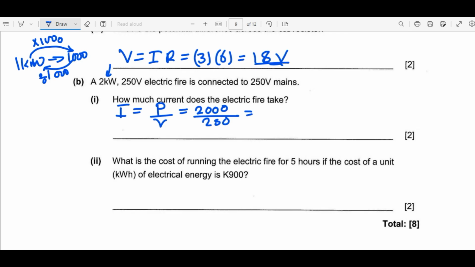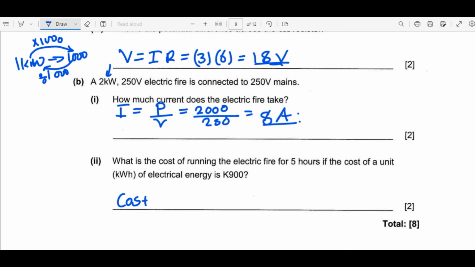How many times can 250 go into 2000? 2000 divided by 250, I'm getting 8 amps. Then what is the cost of running the electric fire for 5 hours if the cost of a unit of electrical energy is 900 kwacha?